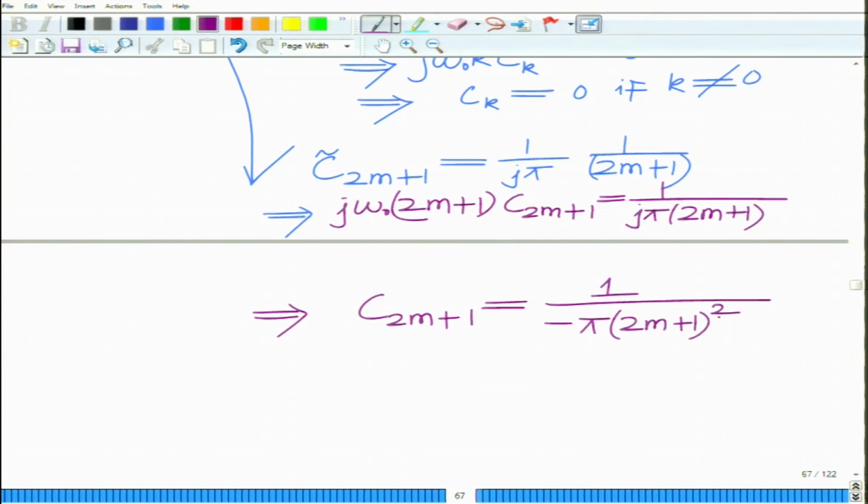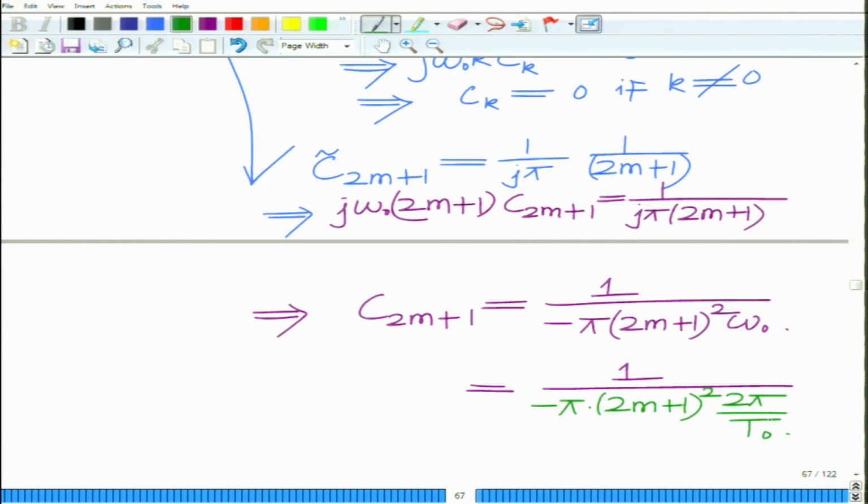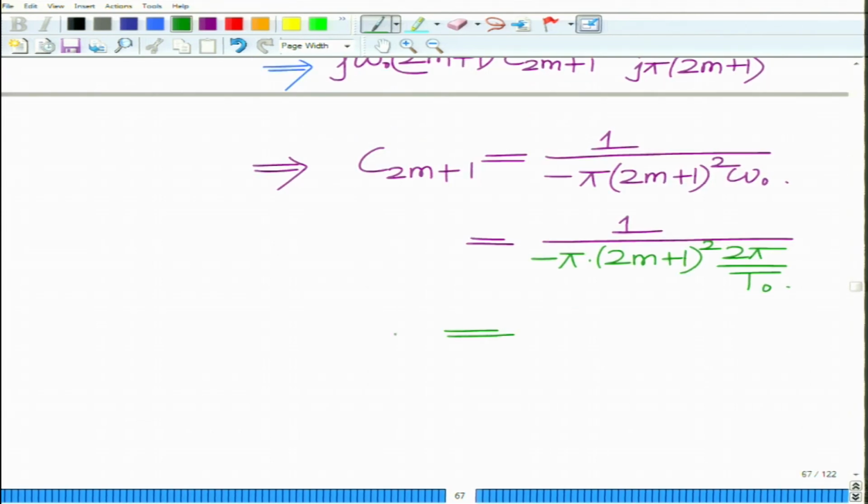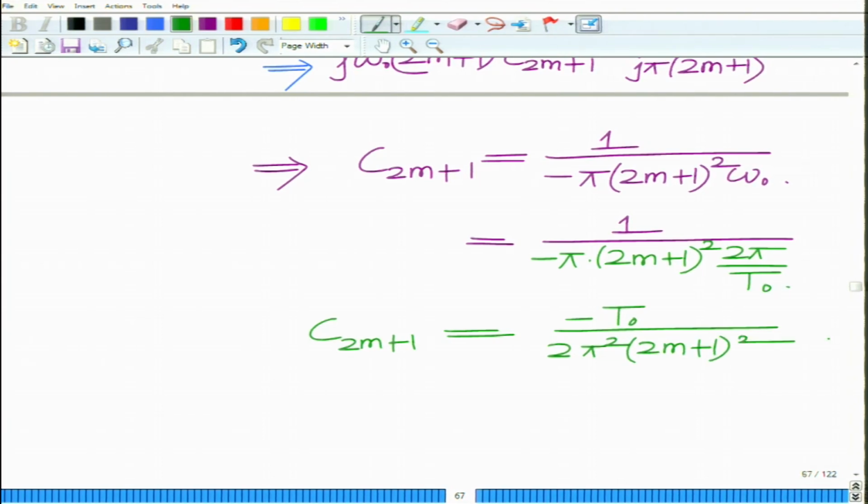(2m plus 1) square into omega naught, and this can further be simplified as 1 over minus pi (2m plus 1) square omega naught. Remember, omega naught is 2 pi by T naught, which implies that C of 2m plus 1 equals minus T naught over twice pi square (2m plus 1) square.